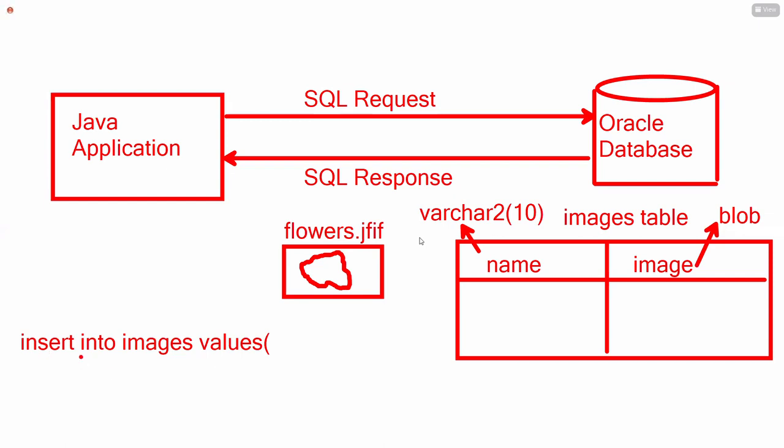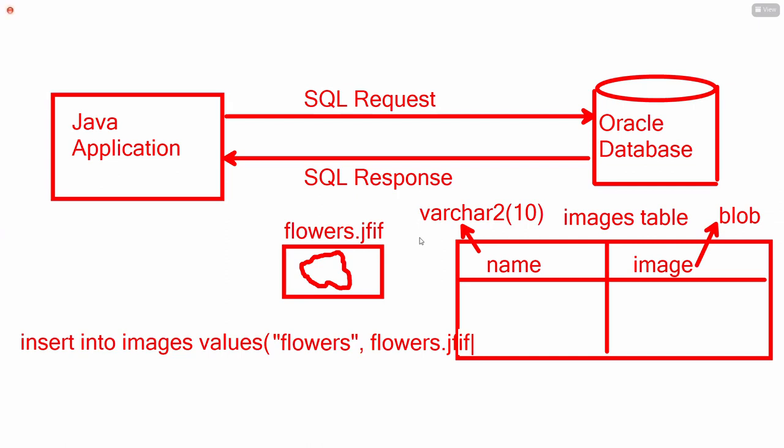Insert into images values, the name of the image. Name also flowers, in string format. Next, what do we write? flowers.jfif. If I write this, is the image stored? Only the file name is stored.